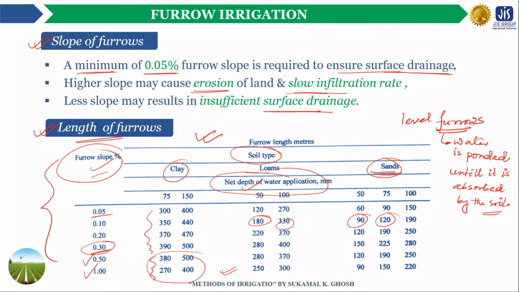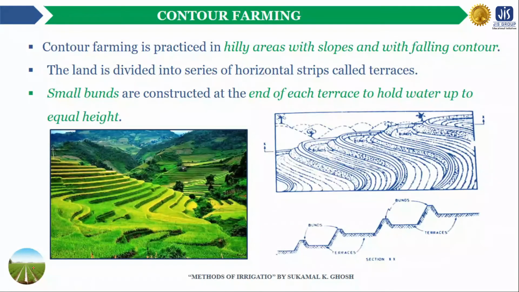Now, the contour farming method of irrigation is practiced in the hilly region where the lands to be irrigated have steep slopes with falling contours. In this method, the land to be irrigated is divided into a series of horizontal strips which are usually known as terraces or benches.